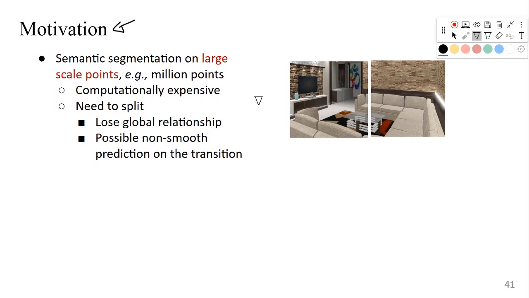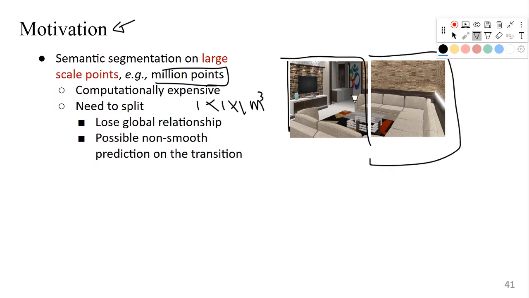For example, we split the million points into 1 by 1 by 1 meter cubes, and we infer each split independently with the network. This kind of approach has some drawbacks.